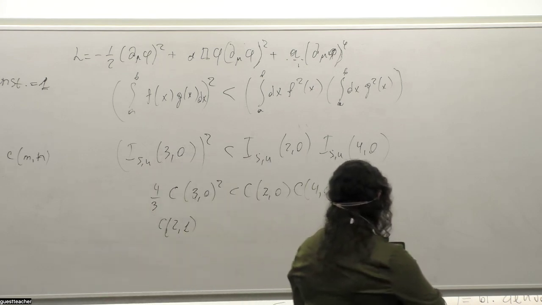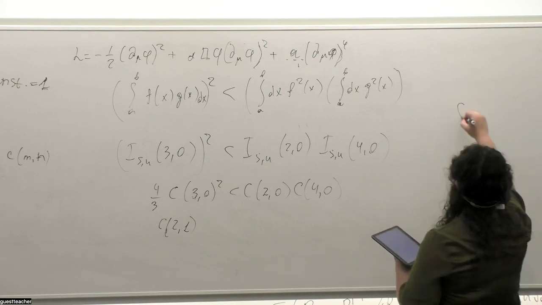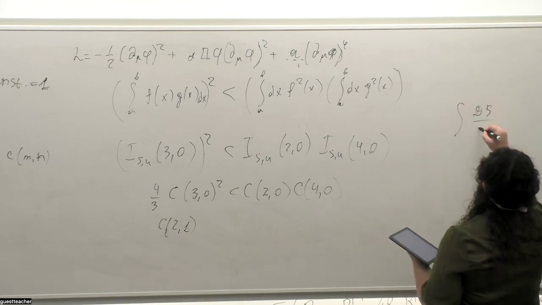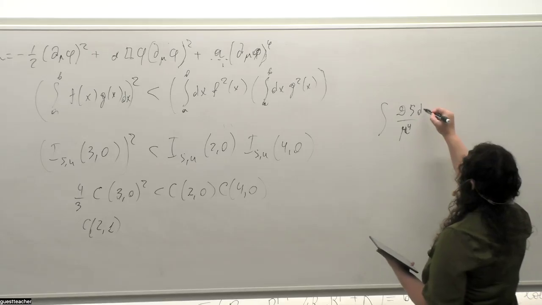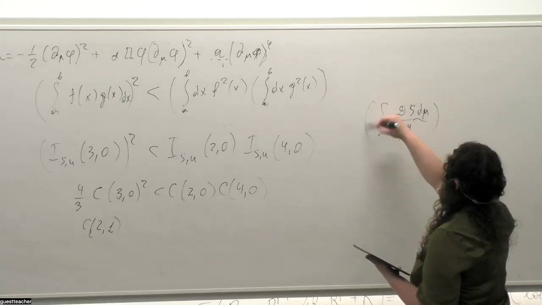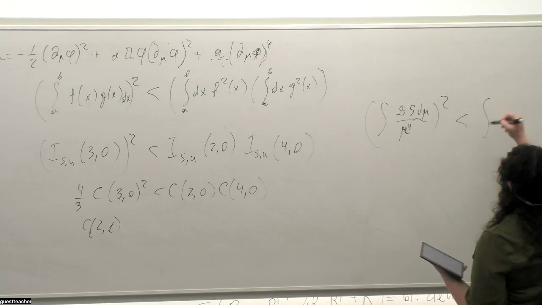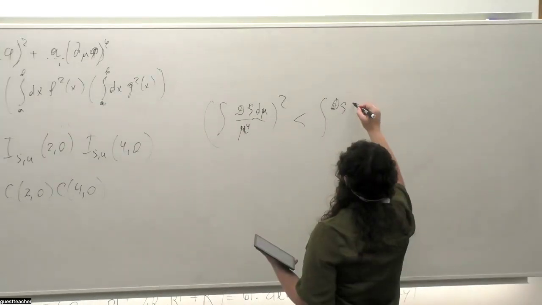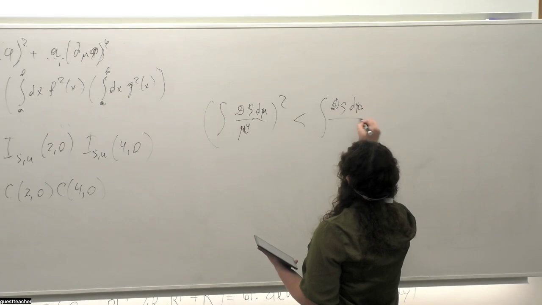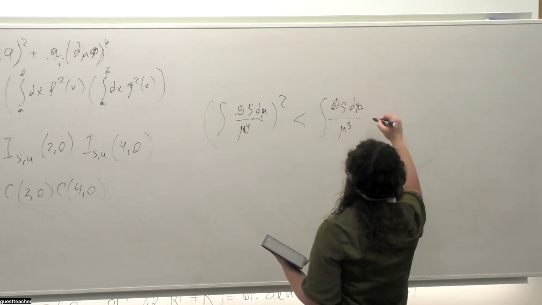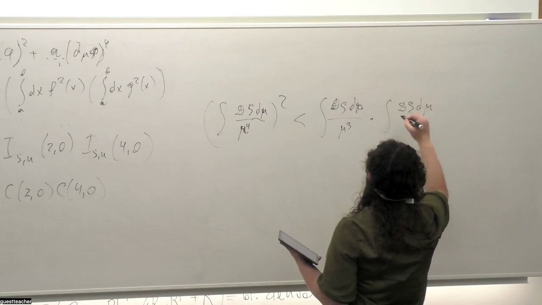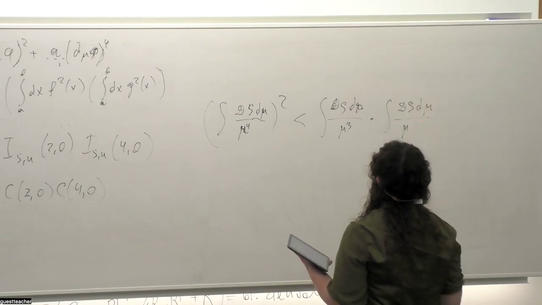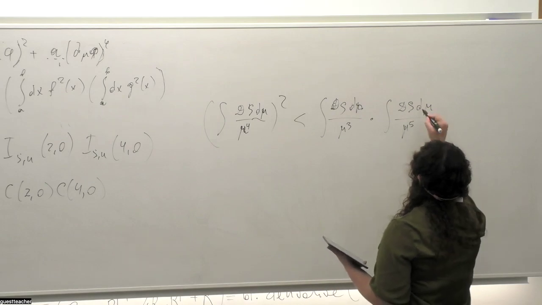It is based on the fact that the integral of the discontinuity of S over mu to 4, which will appear when you differentiate with respect to t, d mu, squared is less than the integral ds d mu over mu cubed multiplied by the integral ds d mu over mu to the power 5.